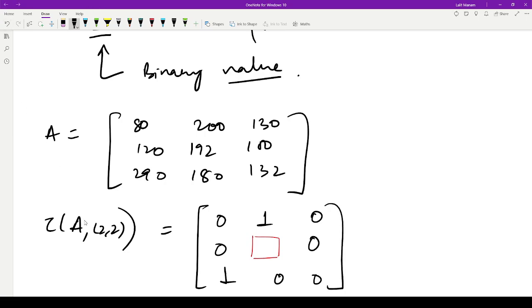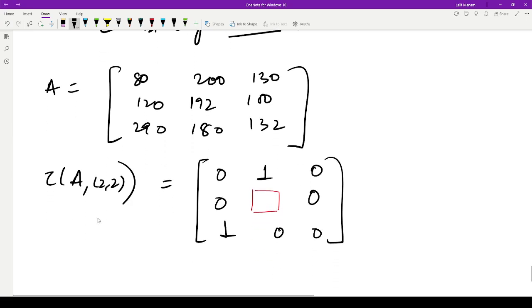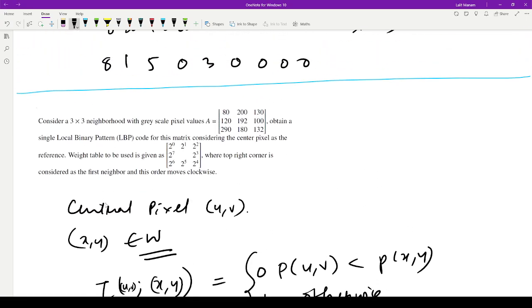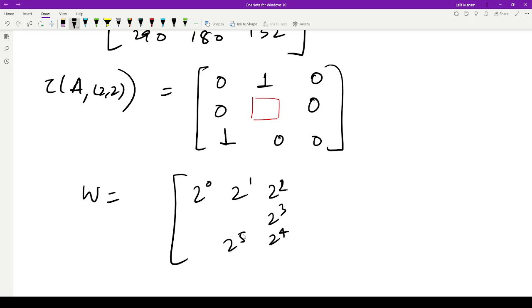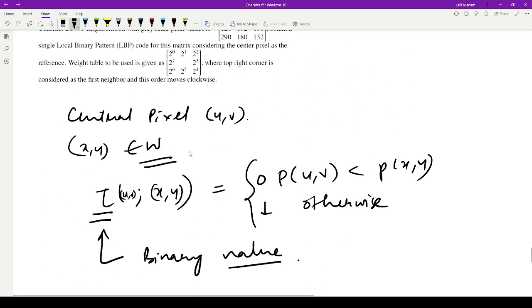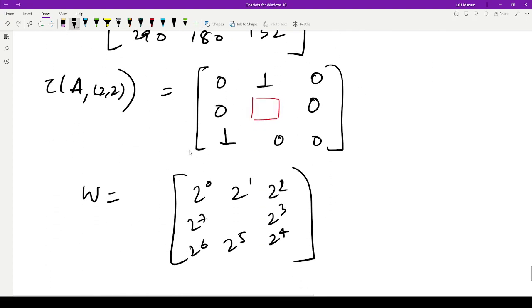So when you apply this tau function, you get this matrix, and this is the weight table. So we need to weight in a clockwise fashion, starting from, I would say, 10 o'clock. So we have this weight matrix: 2 to the power 0, 2 to the power 1, 2 to the power 2, and so on up to 2 to the power 7. Okay, fine. So what do we need to do?